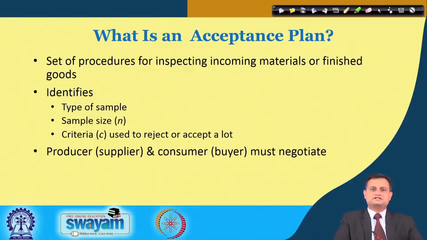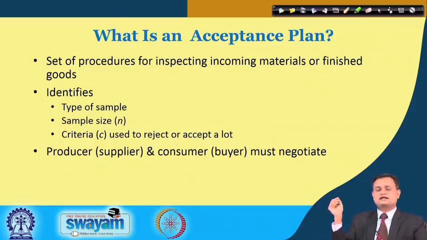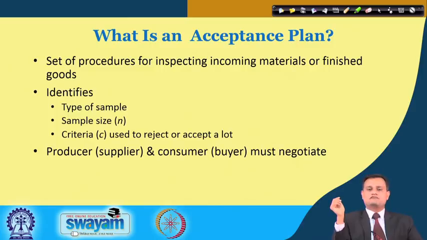So what is acceptance sampling? In a very simple way, it is a set of procedures for inspecting incoming material or finished goods based on some rules, not the 100% inspection.